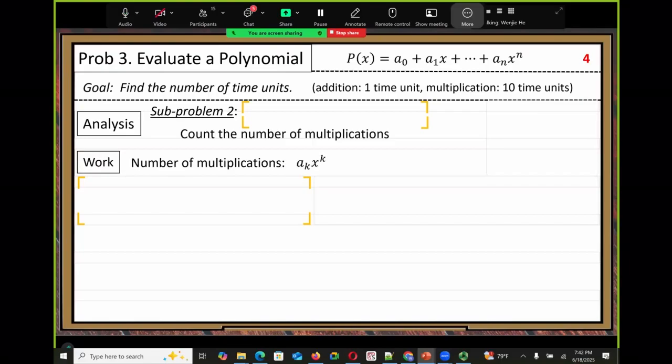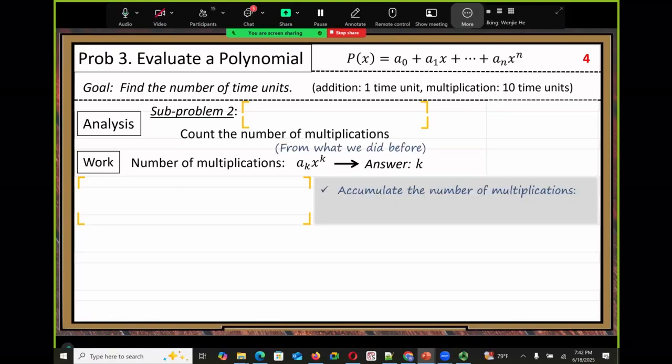So for the typical term, let's recall, we need k multiplications. Now we need to accumulate the number of multiplications for all the terms. We have n plus 1 terms, but for the first term A0 we don't need a multiplication.